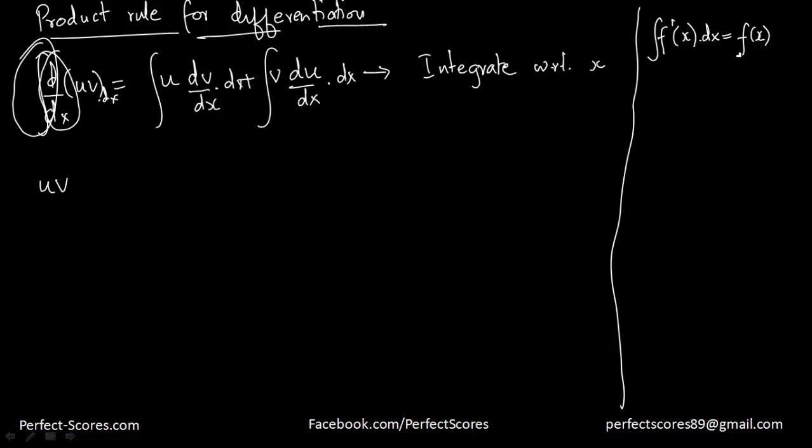So that is going to give you the function itself, that is equal to the integration of u into dv, because this dx and dx get cancelled out, plus the integration of v into du over dx dot dx.